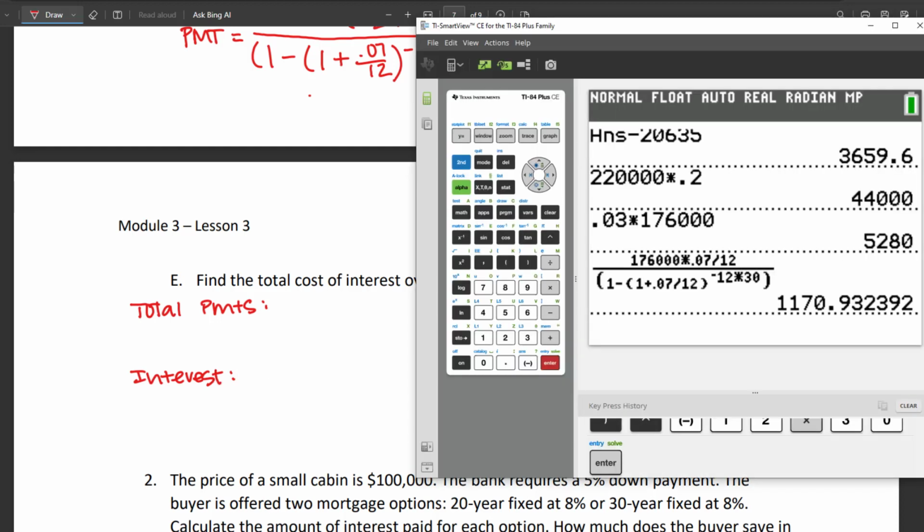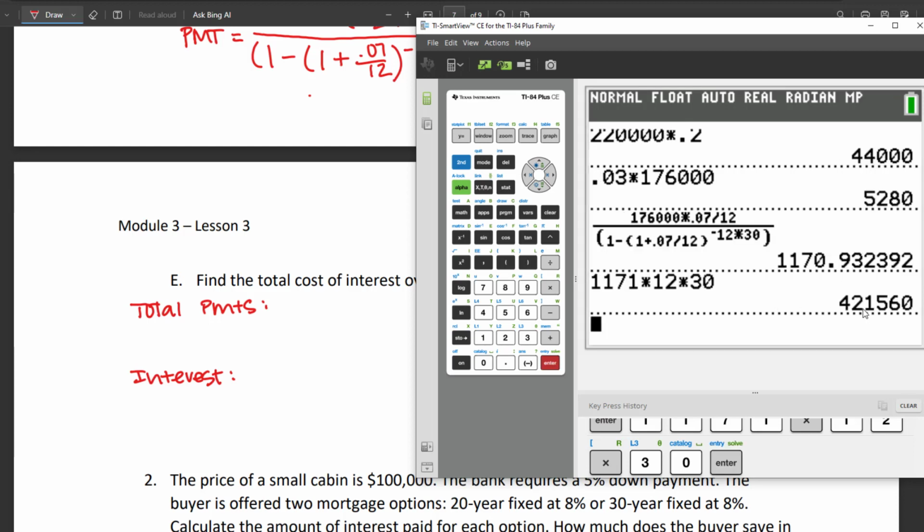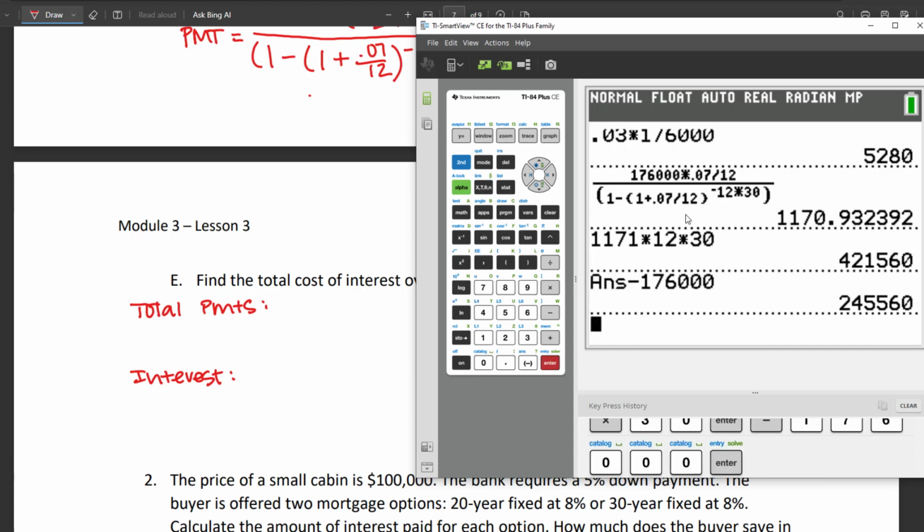So if we pay $1,171 every month, so 12 months in a year, and we do that for 30 years, we end up paying $421,560 over a 30-year time period. But we only got the loan for $176,000. So we end up paying $245,000 in interest on this house.